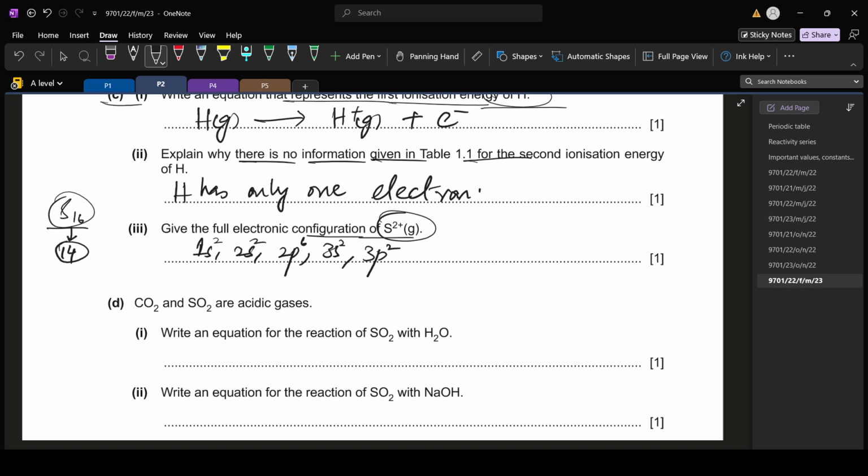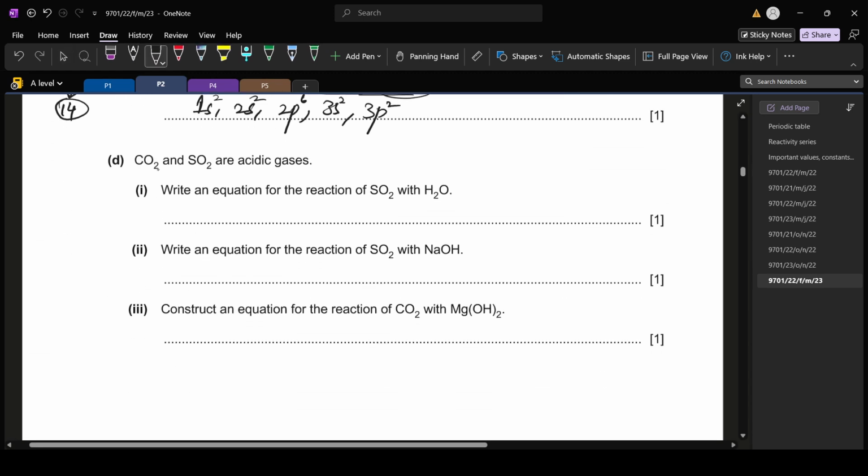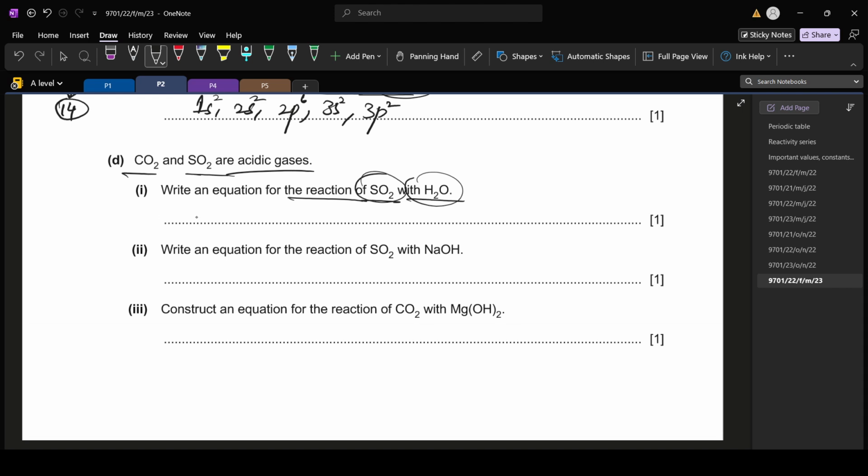Okay. Now part D, carbon dioxide and sulfur dioxide are acidic gases. Write an equation for the reaction of sulfur dioxide with water. So when sulfur dioxide reacts with water, it actually forms sulfurous acid. Okay. So it forms H2SO3, not H2SO4. That would be sulfuric acid, but it forms sulfurous acid.